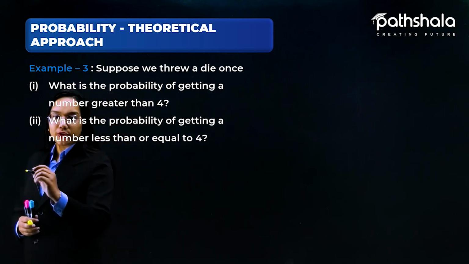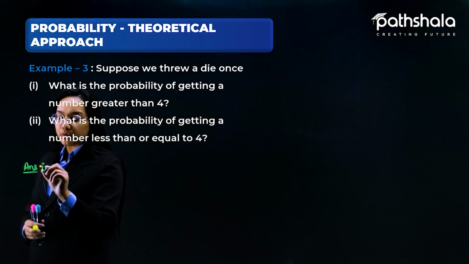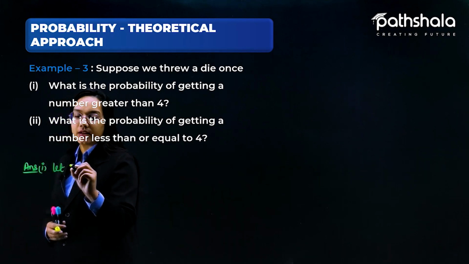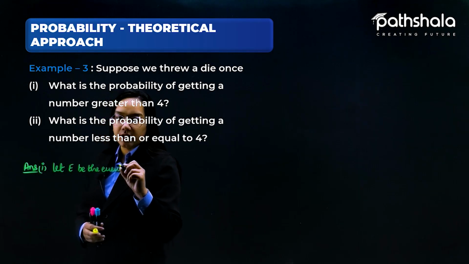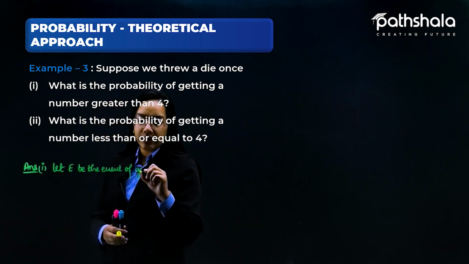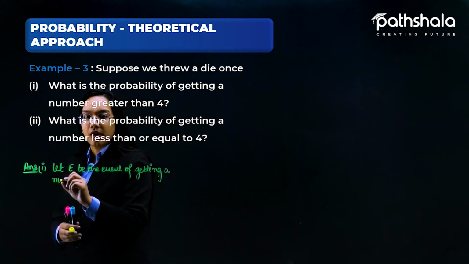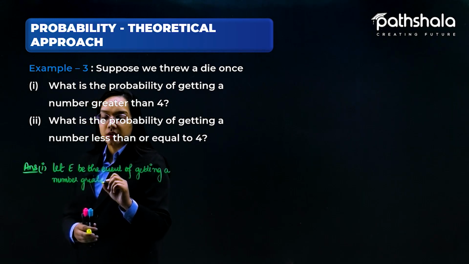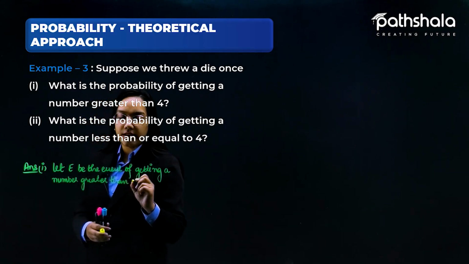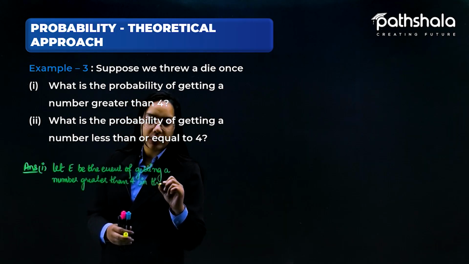First of all, let us assume that E is the event of getting a number greater than 4 in a throw of a die.